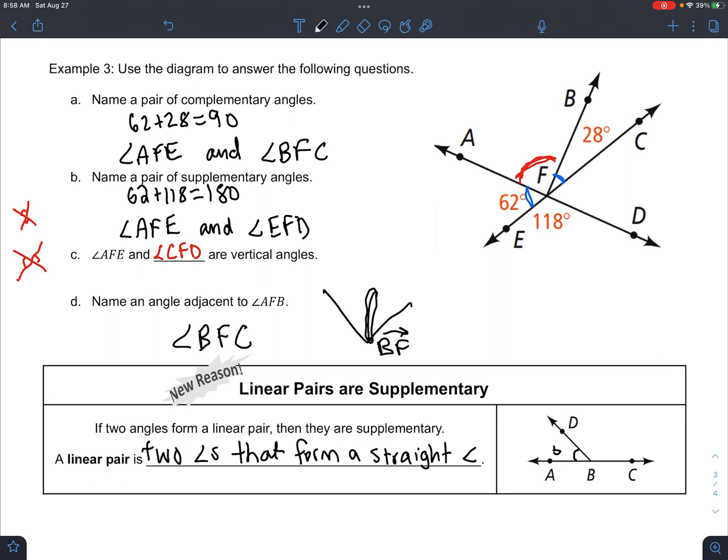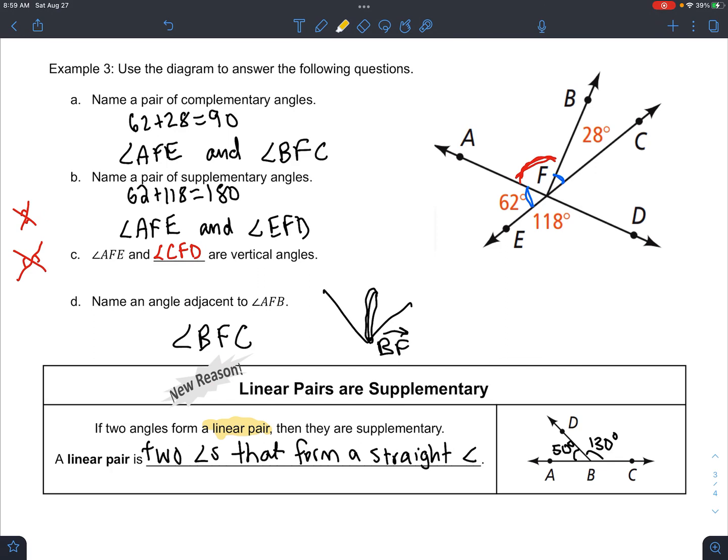So like if this is 50, this would have to be 130, because a line is 180 degrees, so it has to add to that. So that is a big reason as well. Whenever they use the vocabulary linear pair in a proof, we often use this to convert it to degrees. So rather than talking about linear pair, we can talk about two angles that add to 180, and that normally progresses us through a proof.